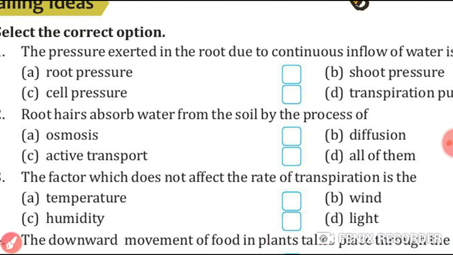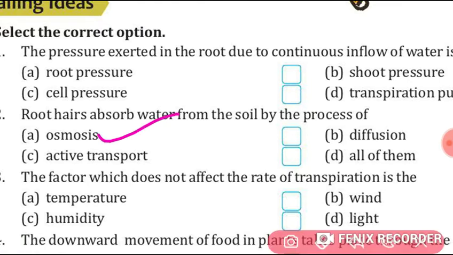Next, root hairs absorb water from the soil by the process of osmosis. Next, the factor which does not affect the rate of transpiration is the, what is the answer?